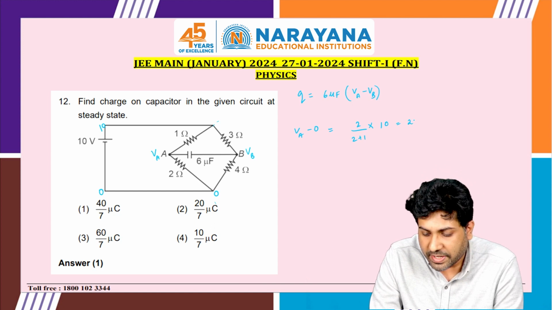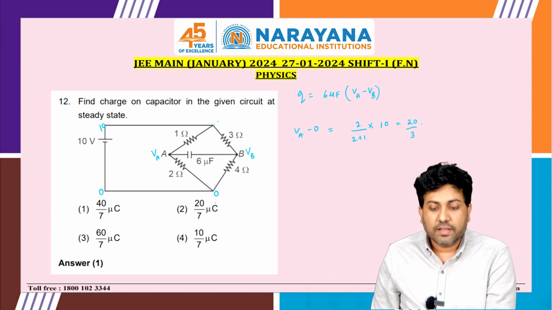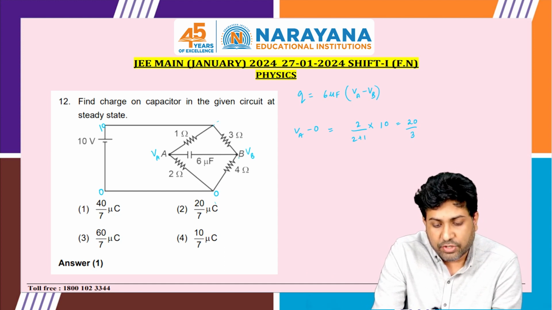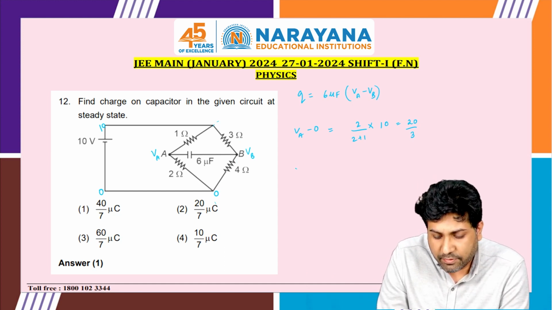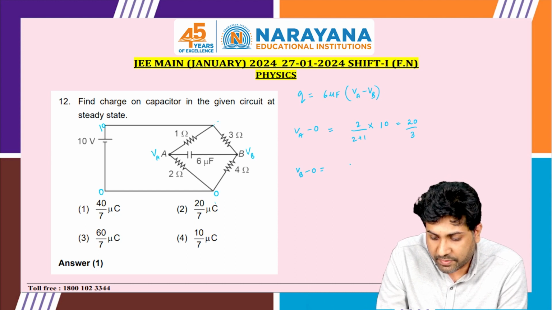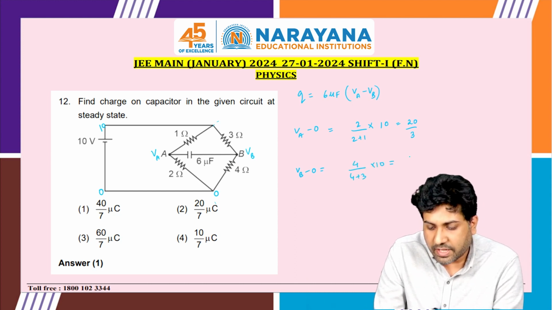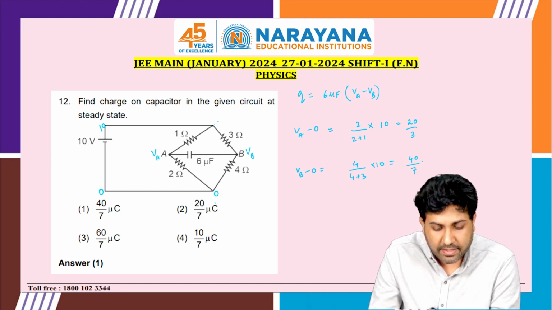So I will get 20 by 3. Similarly, here also this 10 volt will divide in the direct ratio of resistance. So VB minus 0 will be equal to 4 upon 4 plus 3 into 10, which can be written as 40 by 7.